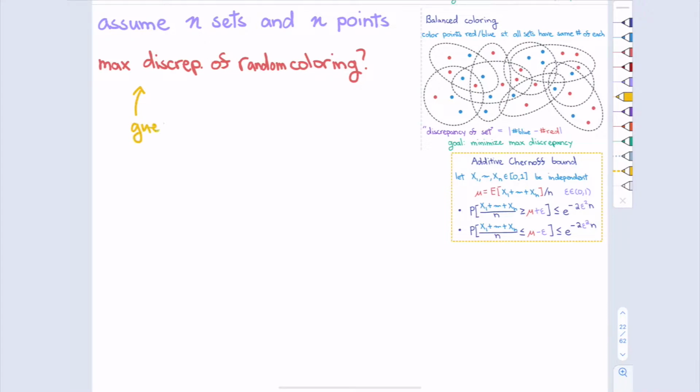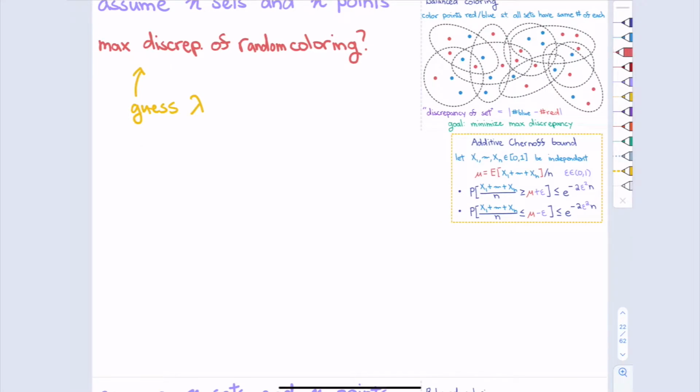Let's call this lambda. Then see if we can use the Chernoff bound to say what the probability is of it being at most lambda, and also how big I need to make lambda so I can take the union bound over everything. So we'll just leave lambda as a variable.